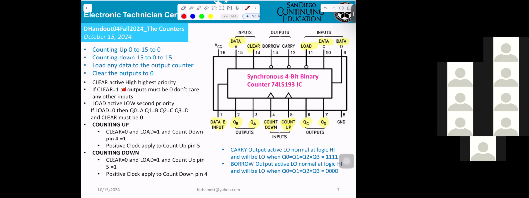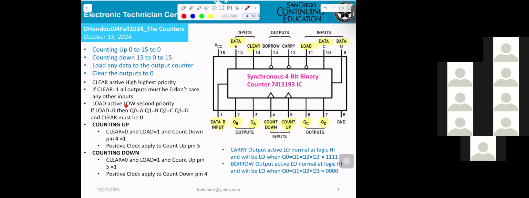If clear equals 1, all outputs must be 0, and it doesn't care about any other input. The clear is pin 14, with no bubble, which means active when 1. Clear means the Q outputs must be 0.